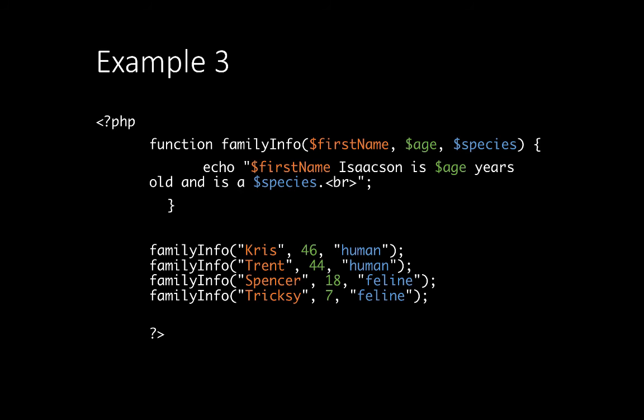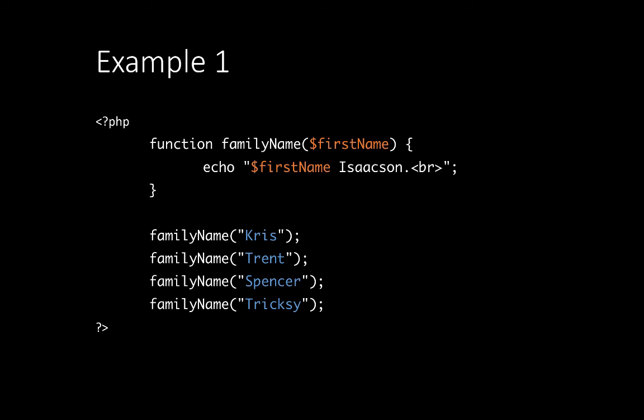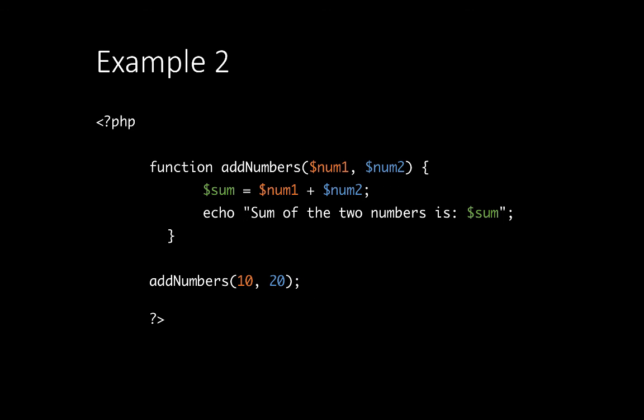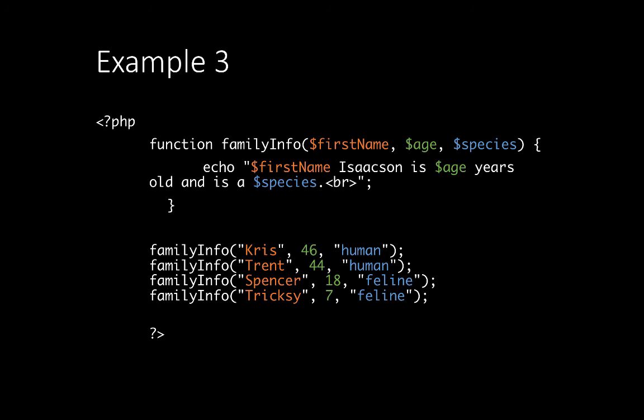When called, the function would say, Chris Isaacson is 46 years old and is a human. I recommend that in examples 1, 2, and 3 you actually create these, plug in your own information, change up the variables if you want, but work on passing those variables into the function so you understand how that works.